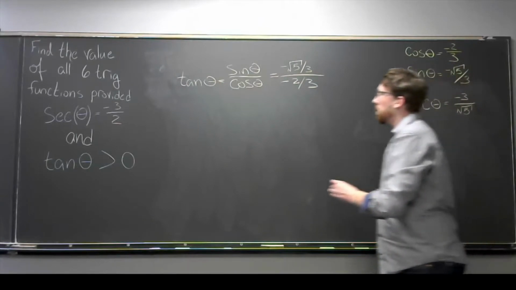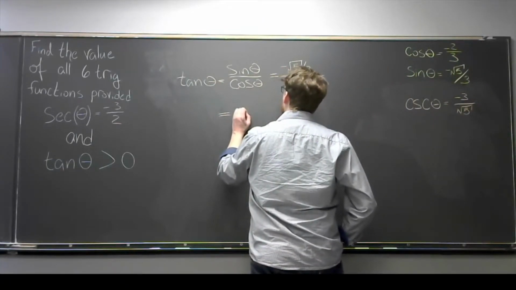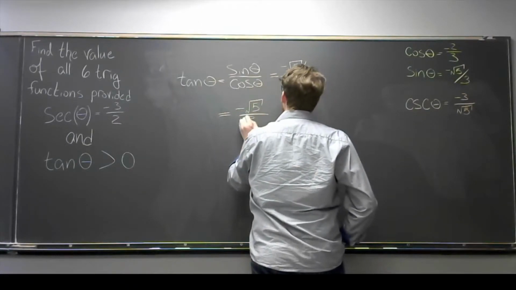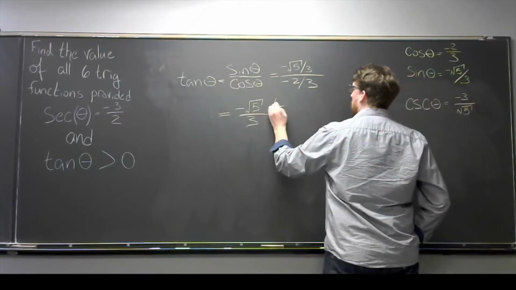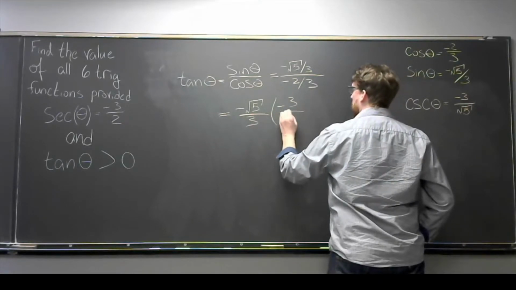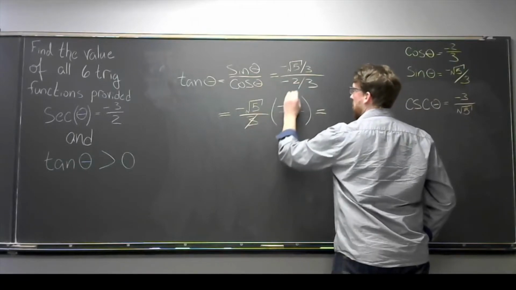Well, we know that this is like taking negative square root of 5 over 3 and multiplying by the reciprocal of negative 2 over 3. The 3's are going to cancel.